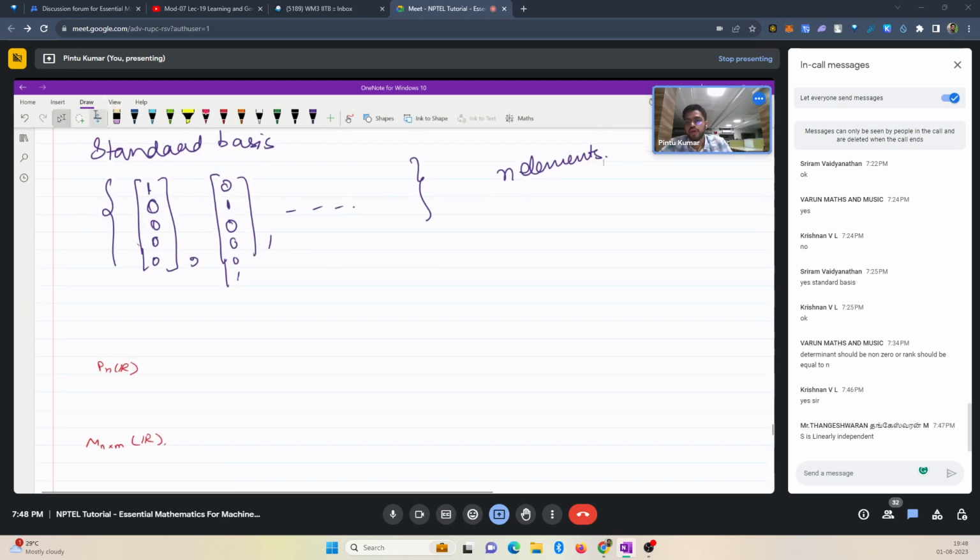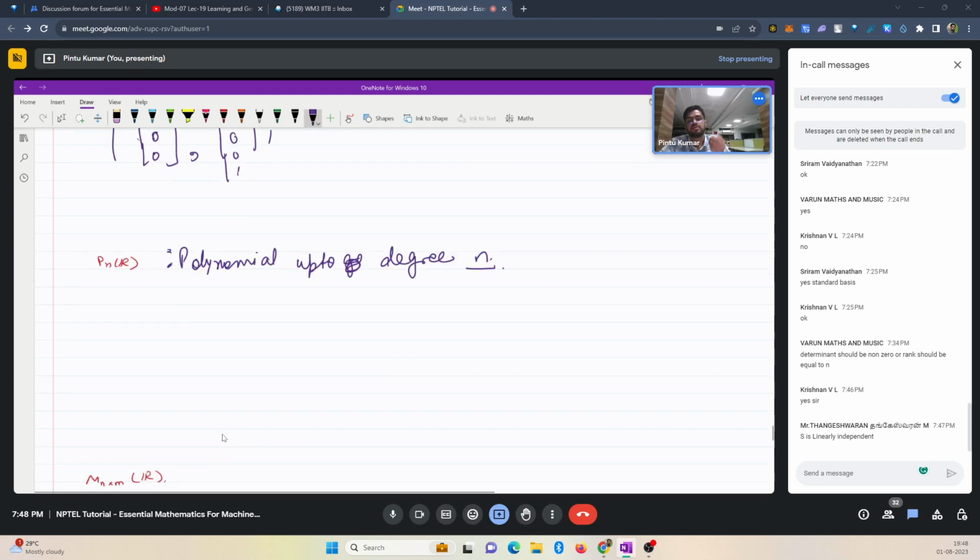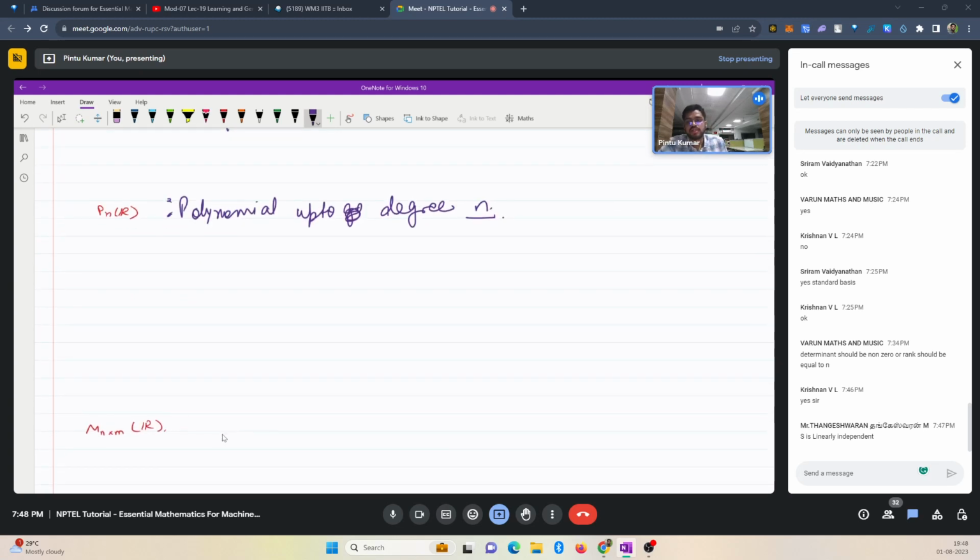Similarly, if you have PnR, we talked about PnR, that is polynomials up to degree n, right? So what is a basis for this? Let's say we are talking about P3R.